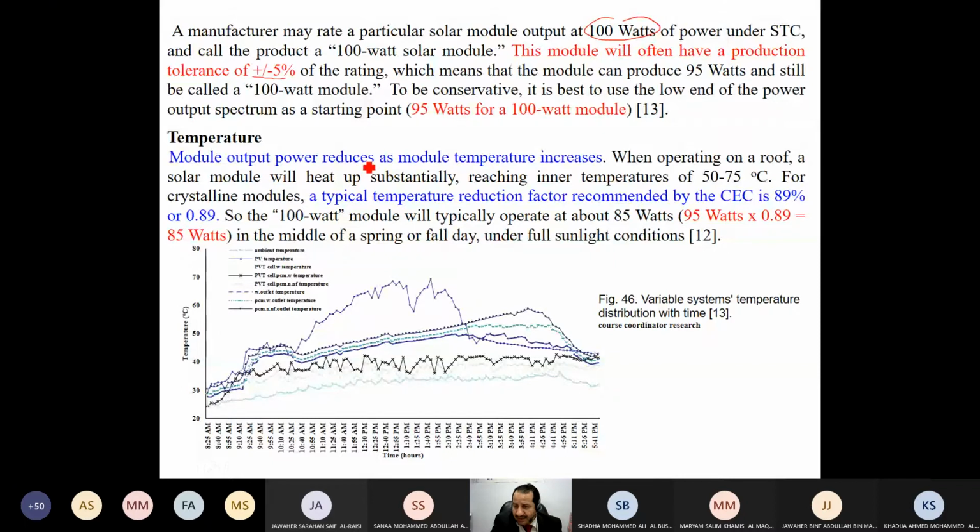What they mean is that we may have errors in manufacturing and losses, which lead to our power being in this range, 100 minus 5 to 100 plus 5. It means 95 to 105. So this is what they mean when they say tolerance.